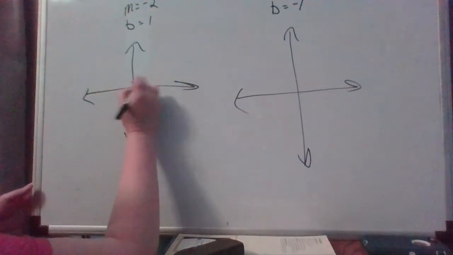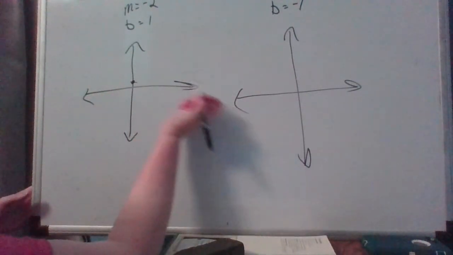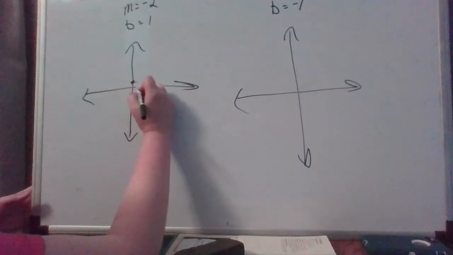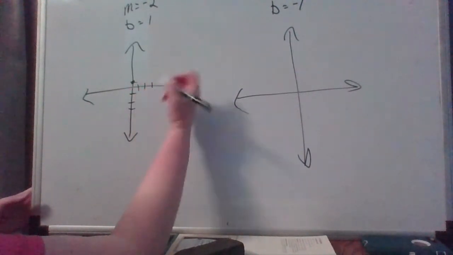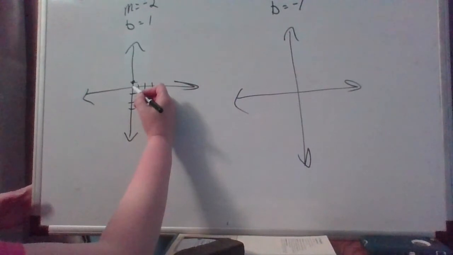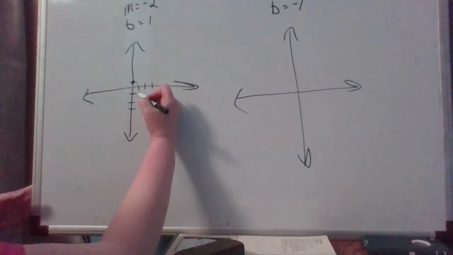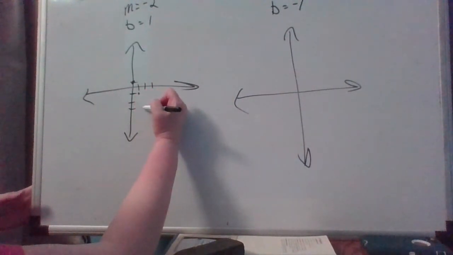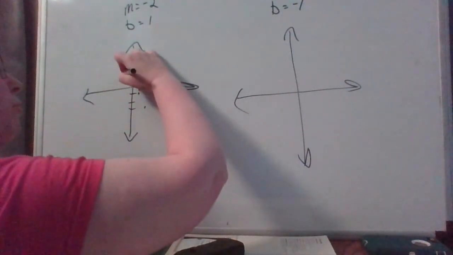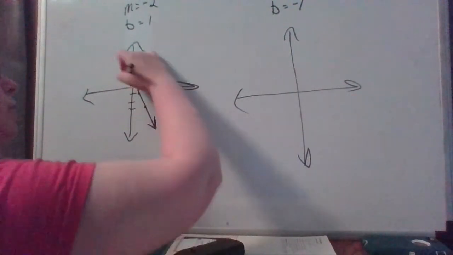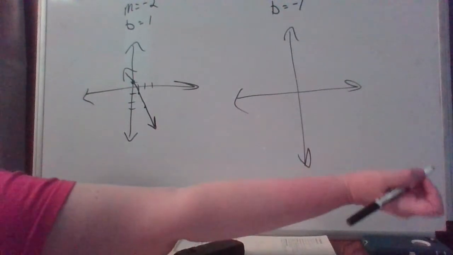Alright, so y is 1, that means our first point is going to be there. Our slope is negative 2. So we're going to go down 2, 1, 2, and then to the right 1. Down 2, to the right 1. 3 points is enough to make that line, and there you have it.